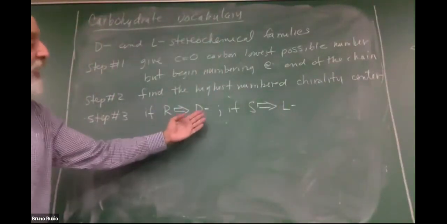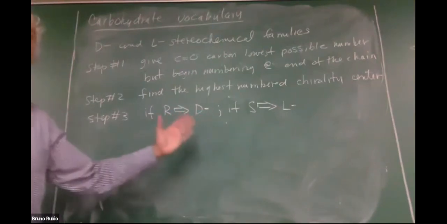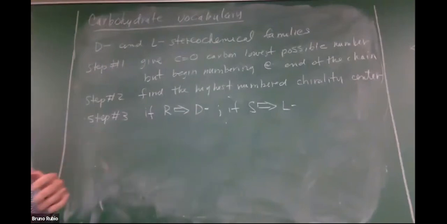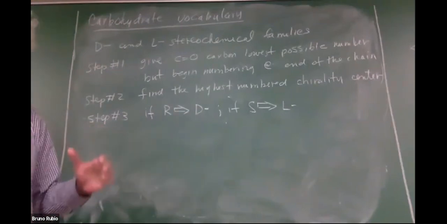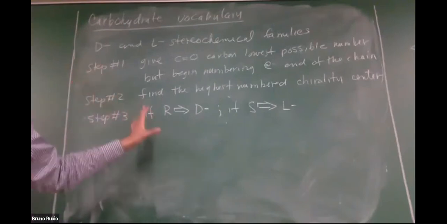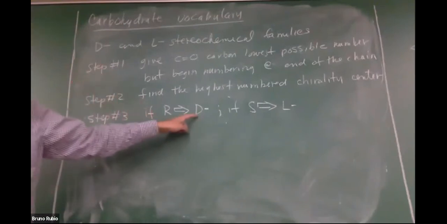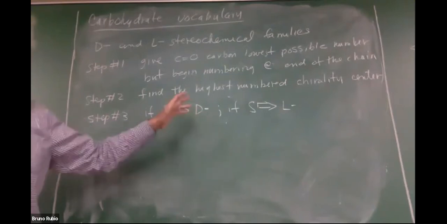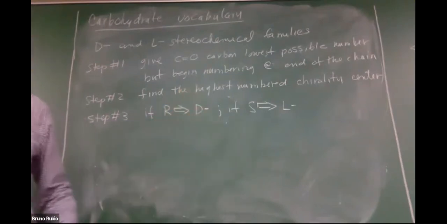So this D and this L, these are stereochemical descriptors, just like cis and trans and R and S and E and Z. So we always find this D and this L the very beginning of the name. And so they just are referring to what is the chirality of the highest numbered chirality center.